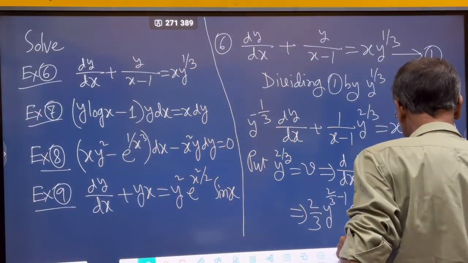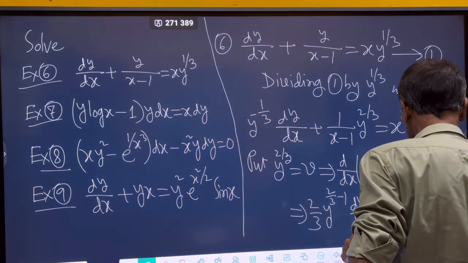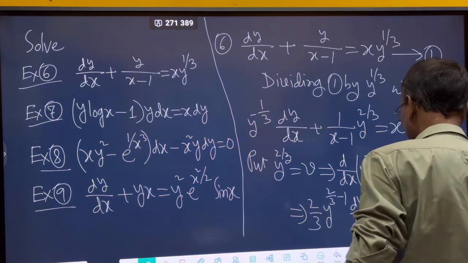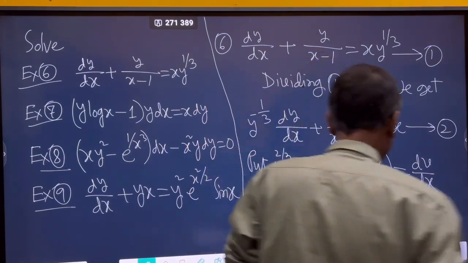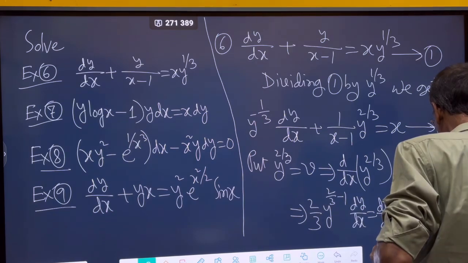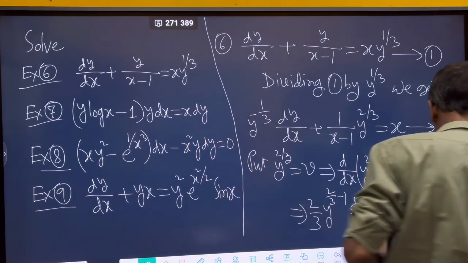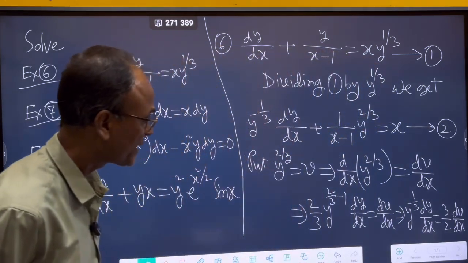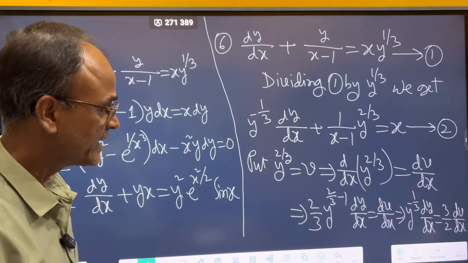So y to the power minus 1 by 3 dy by dx equals 3 by 2 dv by dx.